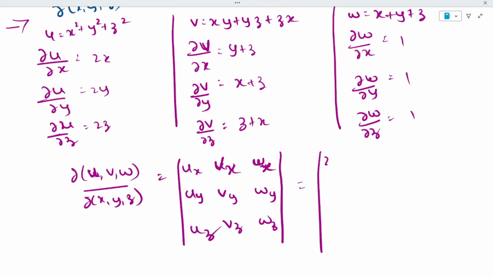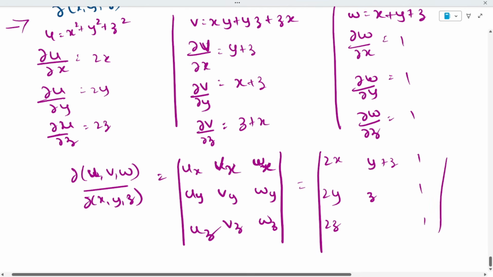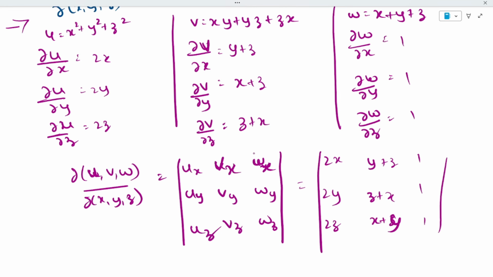Now just substitute the value which you have got in the partial derivative. Y plus z, 1, 1, 1. Here it is 2y, here it is 2z, here it is z plus x, here it is x plus z, and x plus y. Okay, here it is v x plus y plus z, z plus x.